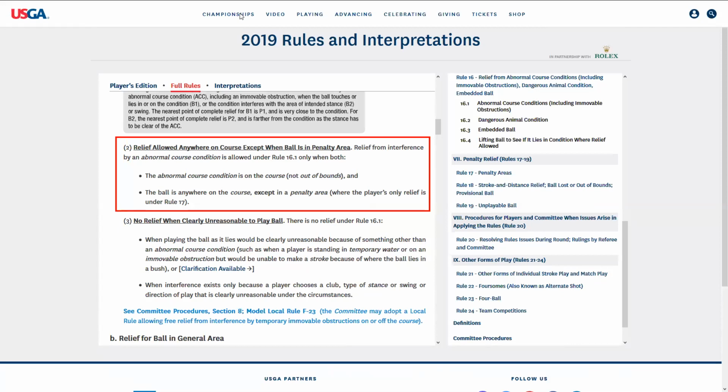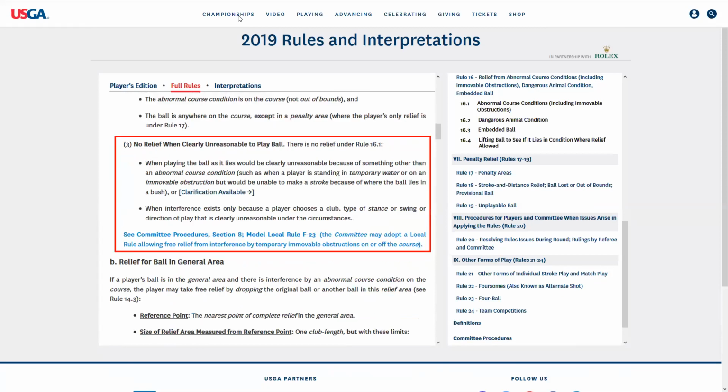No relief when clearly unreasonable to play ball. There is no relief under 16.1 when playing the ball as it lies is clearly unreasonable because of something other than the abnormal course condition, such as the player is standing in temporary water or on a movable obstruction, but is unable to make the stroke because of where the ball lies in a bush.